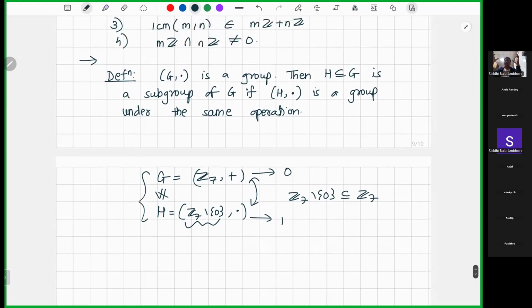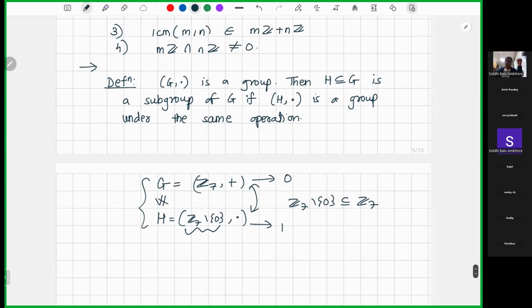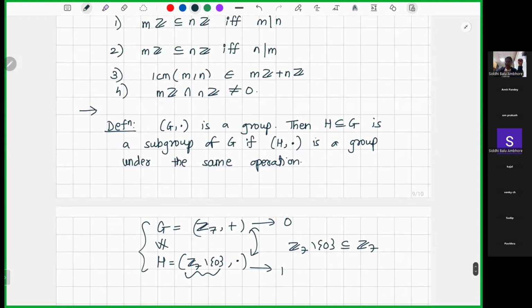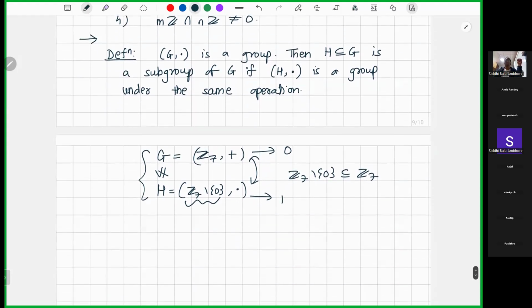When we say that H is a subgroup of G, it is a subset of G, but it has to have the same operation as G, and the identity of H is exactly equal to the identity of G. Is this okay? The understanding of subgroups and how the operation is inherited by H from G.